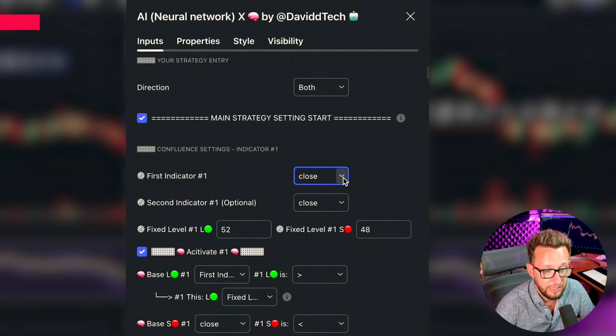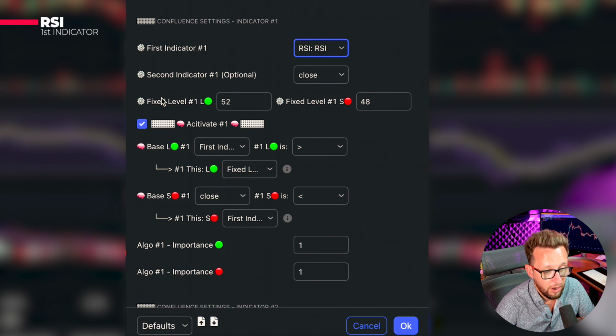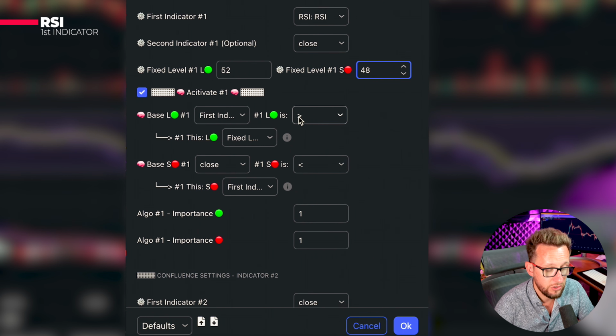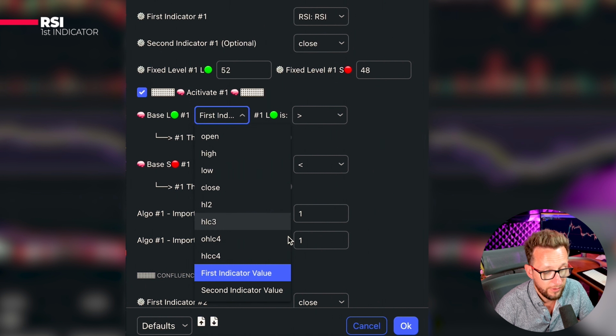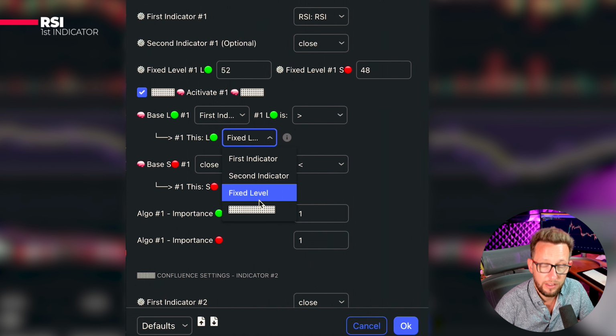My first indicator, if you click over here, is going to be the RSI. Now I want my RSI to be over 50 or below 48. That's going to be my entries for longs or shorts. So if I go over here to the base, if first indicator is more than a fixed level, it can either be more than a fixed level or a second indicator.